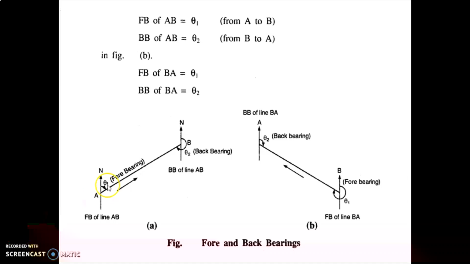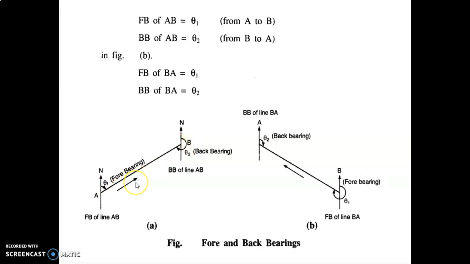Now I will explain forebearing and back bearing with the help of this figure. You can see line AB is given to you. This is the north direction, and this angle theta 1 that we have measured is called the forebearing of line AB. And this theta 2 is called the back bearing of line AB.